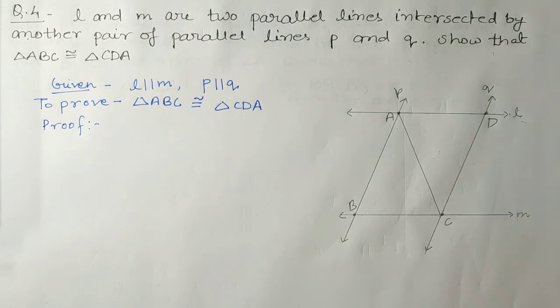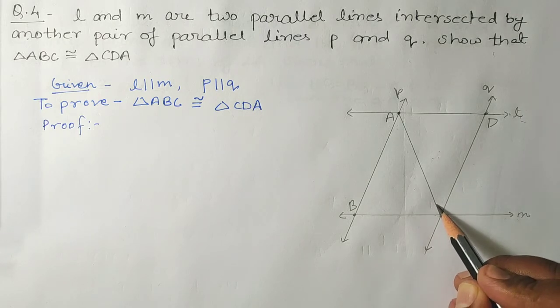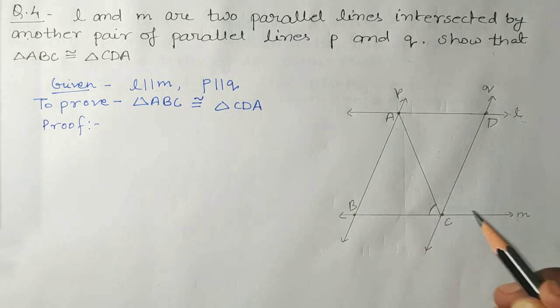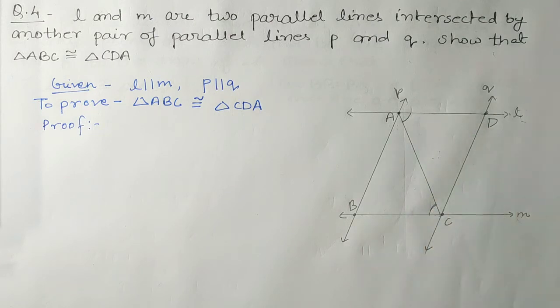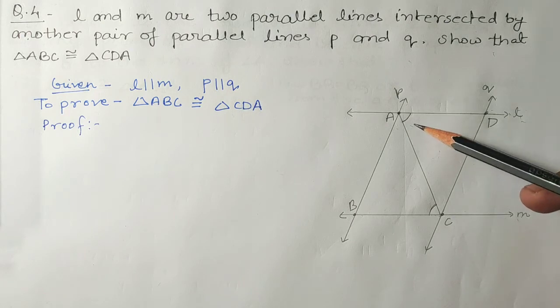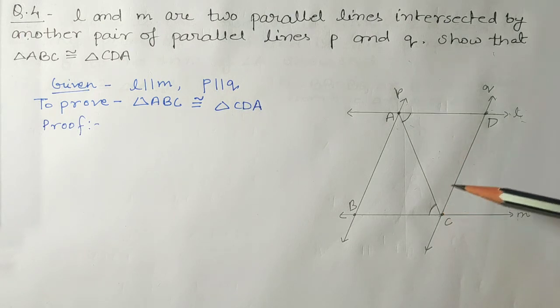If AC is the transversal, then this angle will be equal to this angle. Why? If these two lines are parallel, then this angle will be equal to this angle, by alternate interior angles.